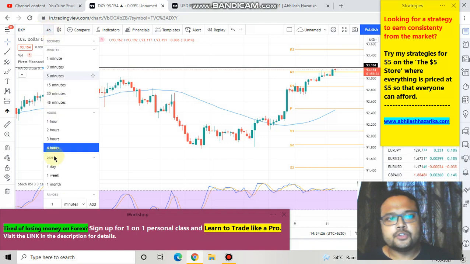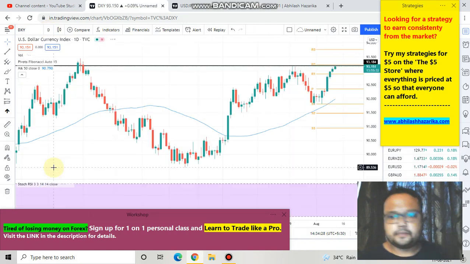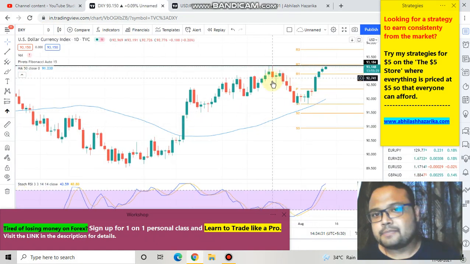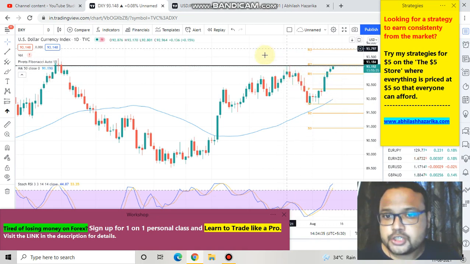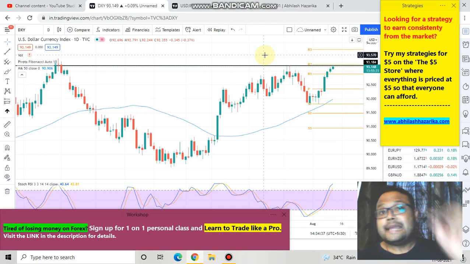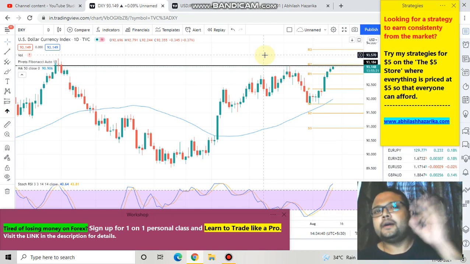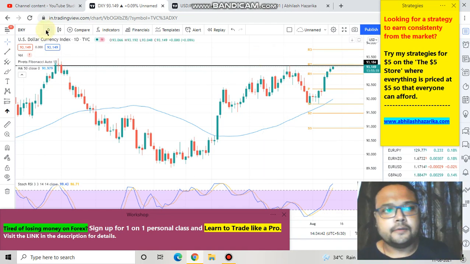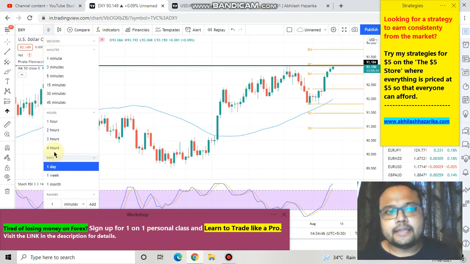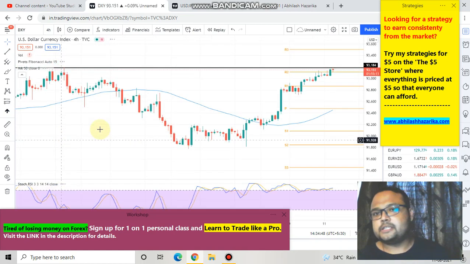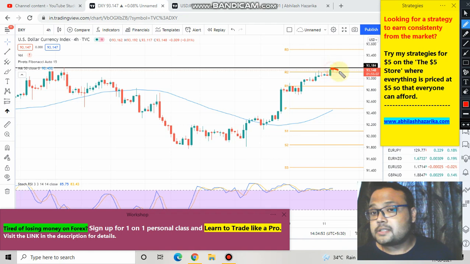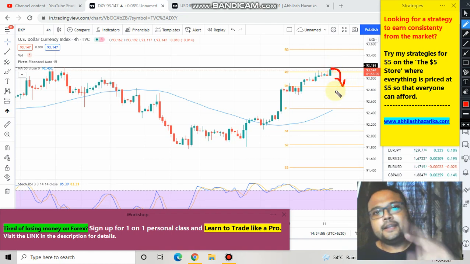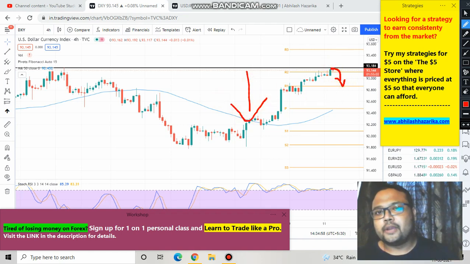And if we switch over to the daily chart here, 1-day chart, then you can see that yes, market has reached the resistance here, and initiating a new position at this resistance will be kind of risky. And as I have clearly mentioned, it has got direct relation with the USD JPY chart. So in case US dollar starts going down from here, then USD JPY will also start going down.